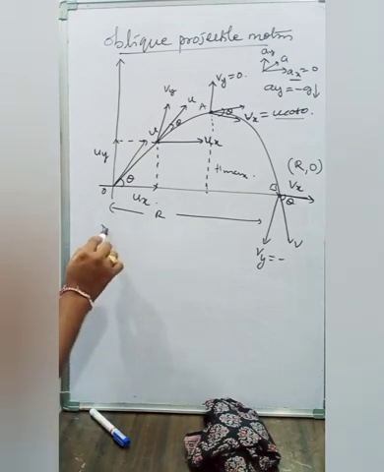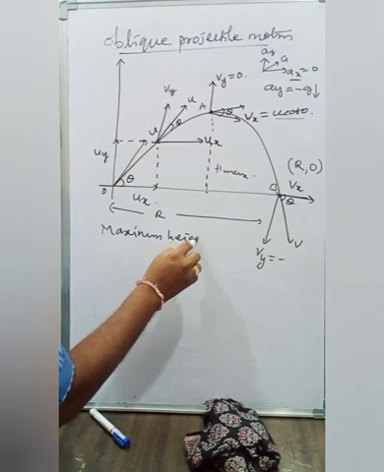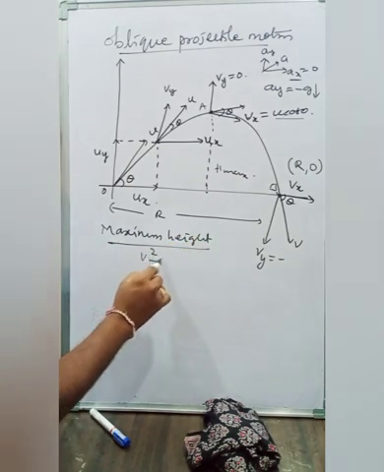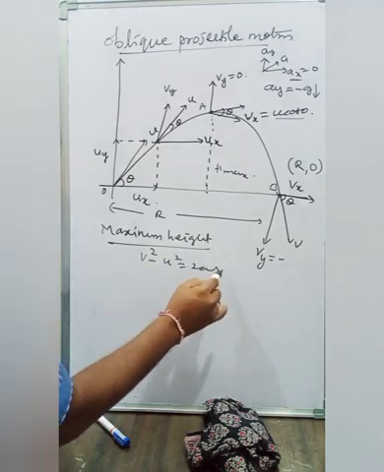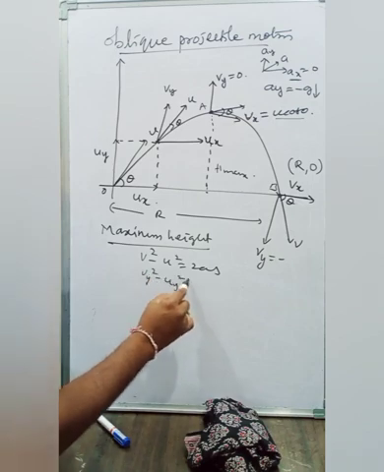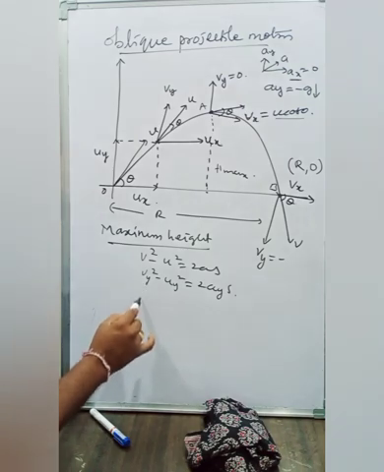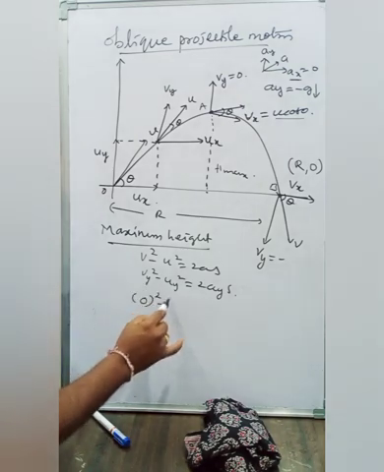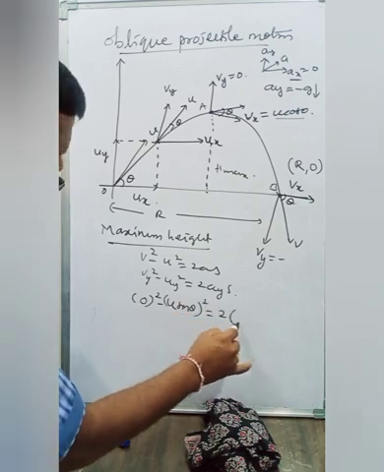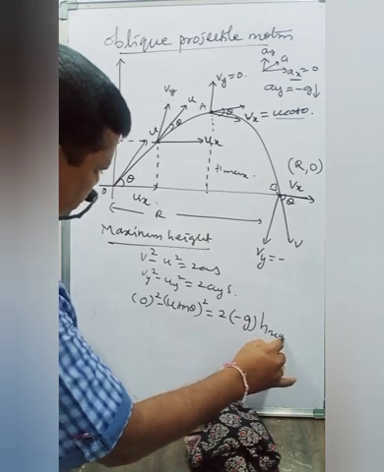Now I am calculating the maximum height of a projectile. We know that v square minus u square is equal to 2as. So Vy square minus Uy square is equal to 2 Ay s. Here Vy is 0, minus Uy, which is u sin theta, whole square, is equal to Ay, which is minus g, times s, which is h maximum.